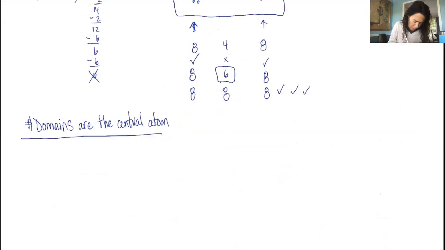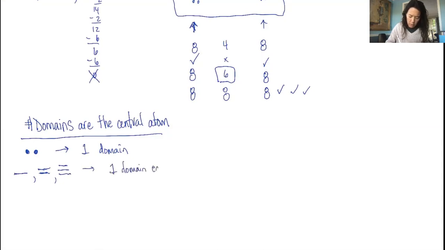A lone pair, 2 dots, is 1 domain. One shared pair, a single bond, a double bond, or a triple bond are also 1 domain each, okay?